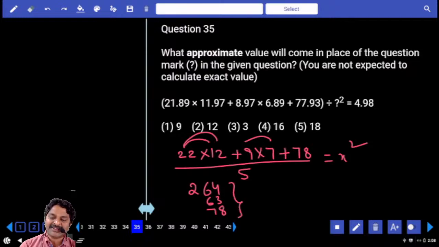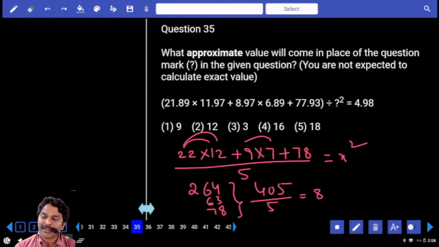What is the sum of all these numbers? 405. Hundred places currently 200. Next, 60, 60, 120, 70, 190. So far 390. Plus 15, 405. By 5, which is equal to 81. Which square is this?